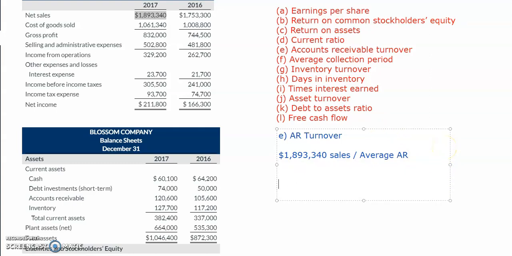So my average accounts receivable is going to take 120,600 plus 105,600. I'm going to add them together, divided by 2, in order to get to my average accounts receivable, which is 113,100.